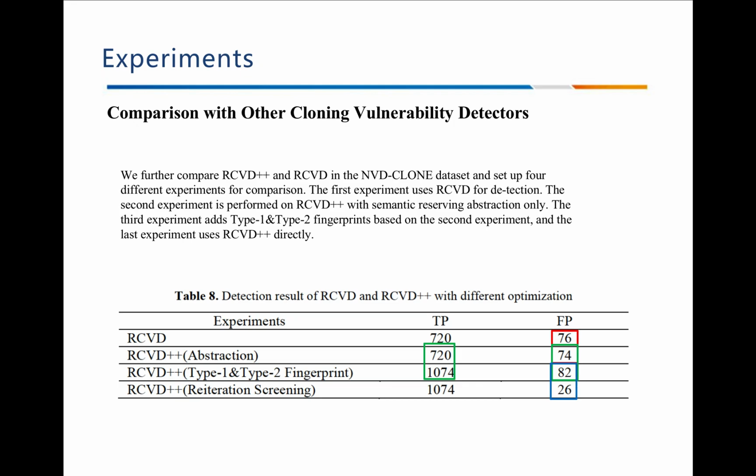And the Type 1 and Type 2 fingerprints significantly improve the number of true positives by 354. The reiteration screen could effectively identify the patched code, resulting in a decline in the number of false positives by 56. The results fully prove that RCVD++ greatly improves the effectiveness of RCVD in detecting clone vulnerabilities.